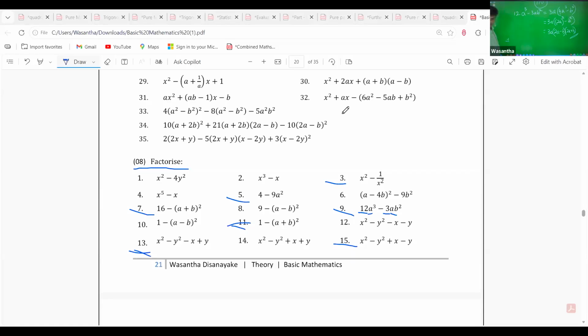The question number 11. 1 minus a plus b square. 1 means 1 square. One factor 1 minus a plus b. Be careful about the bracket. And the other one, 1 plus a plus b. So 1 minus a minus b into 1 plus a plus b.